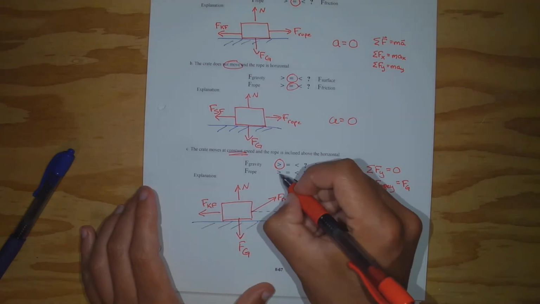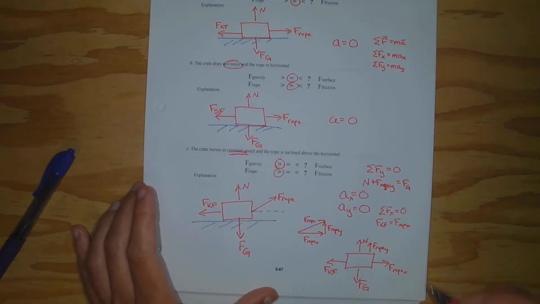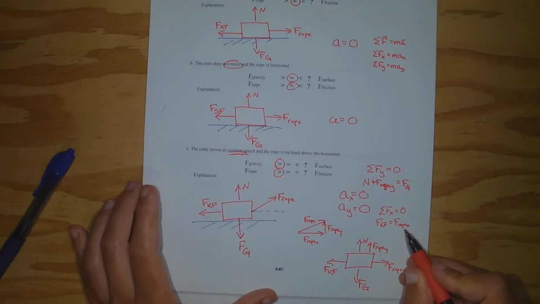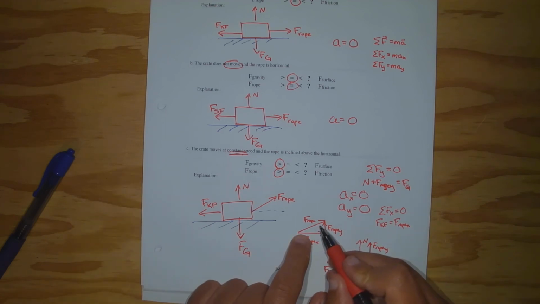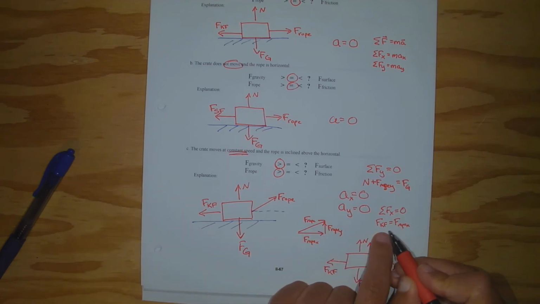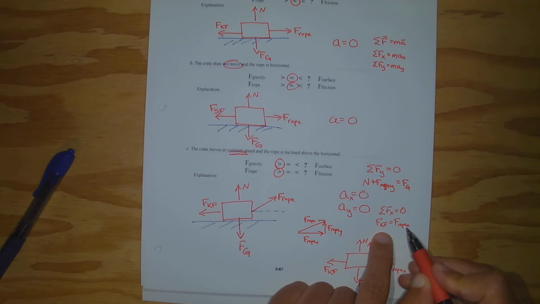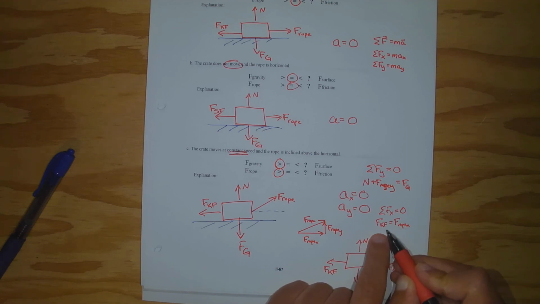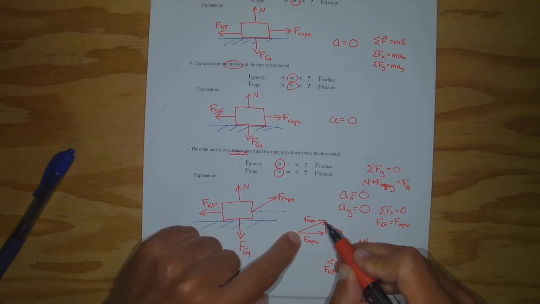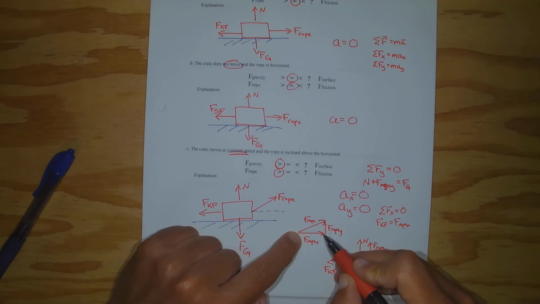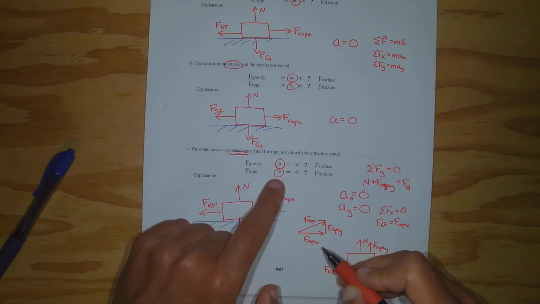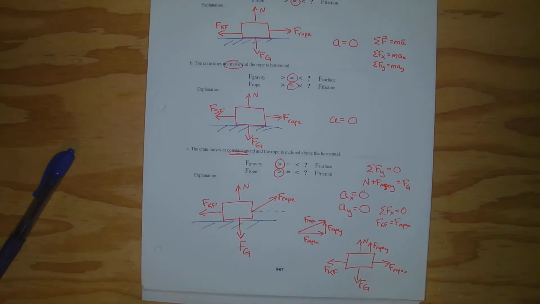This means that the force of the rope is greater than the force of friction because the force of the rope in the x direction is just part of the total force. So part of this force is equal to the force of kinetic friction, which means the total force must be greater. The magnitude that you have here, the length for the force of the rope, is greater than the length that you have for just the x component of the force of the rope. So the force of the rope is greater than the force of friction.